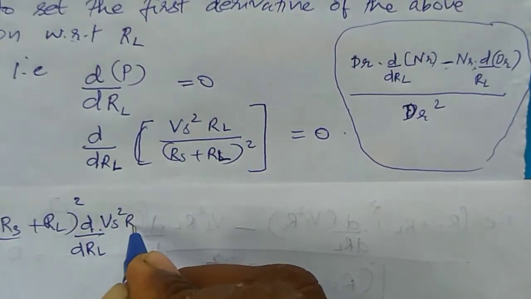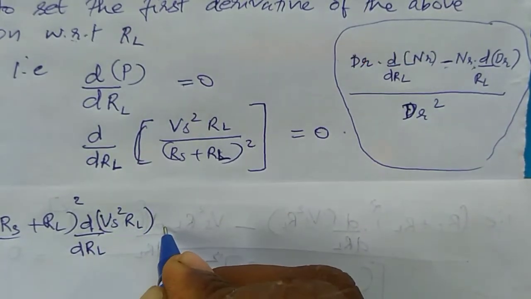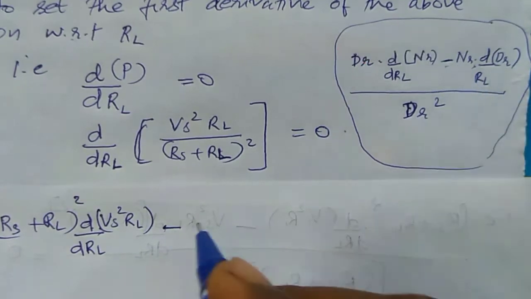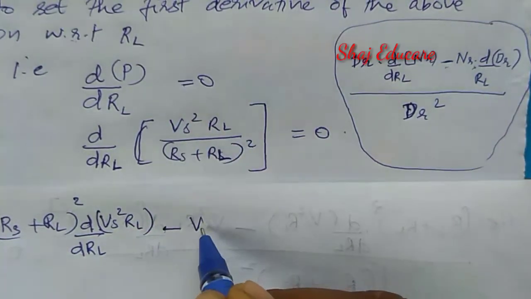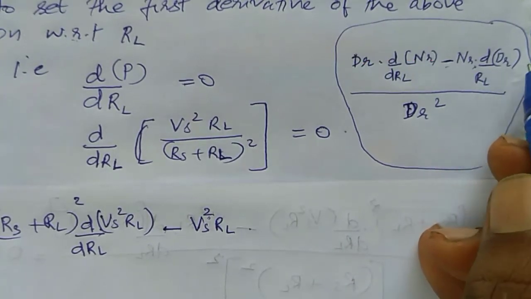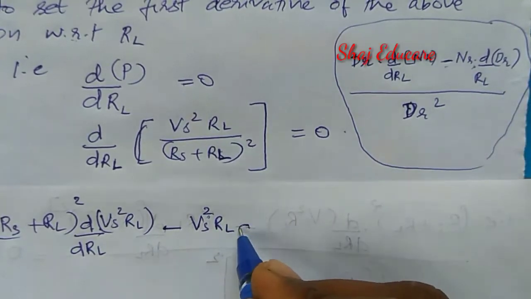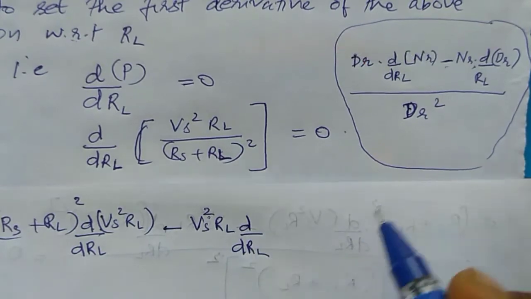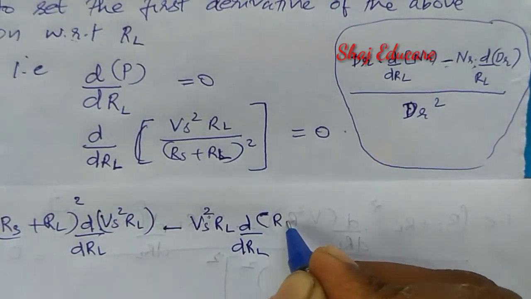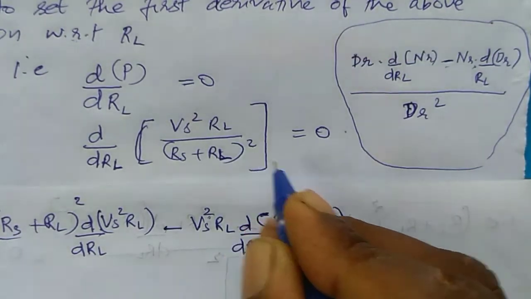Then minus numerator, Vs square RL, into d by dRL of the denominator, which is (RS plus RL) all square.